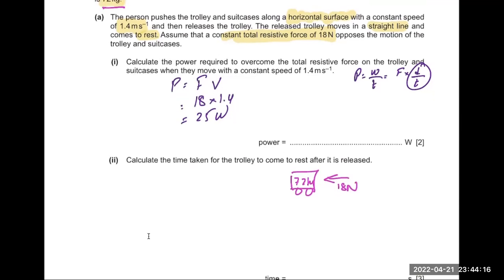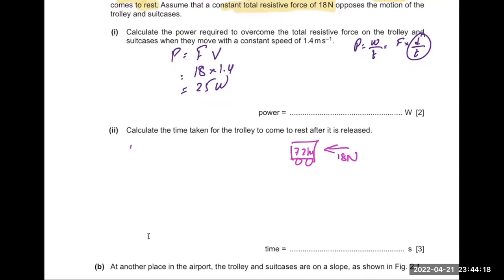So we've got the initial velocity, we've got the force, we've got the mass. We can find out the acceleration and use that to calculate the time taken for the trolley.